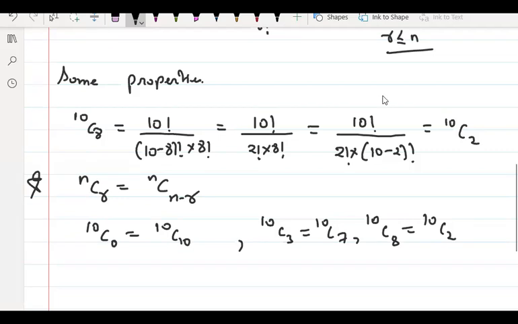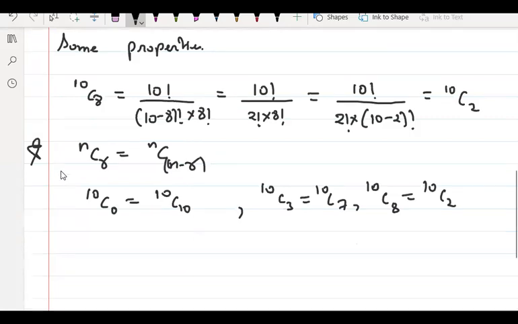See, N minus R is understood, it is one single term, okay? Now, this is your first property.